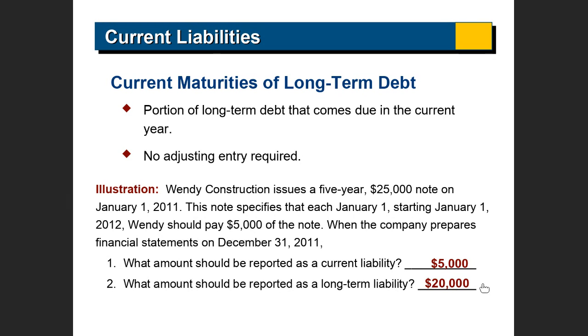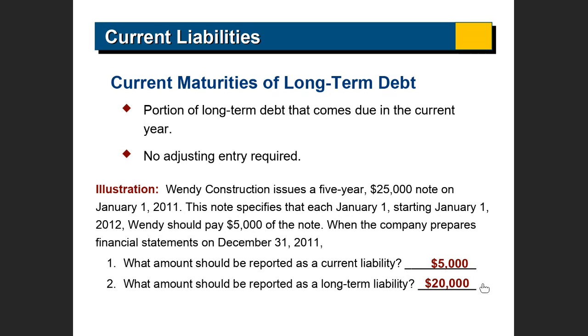Technically, if you prepare monthly financial statements, this current maturity of long-term debt should be adjusted every month, technically, if you provide monthly financial statements, but usually it is not.